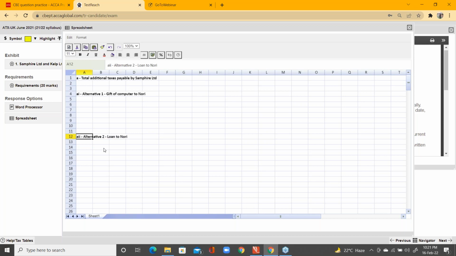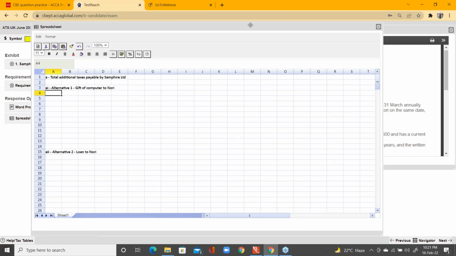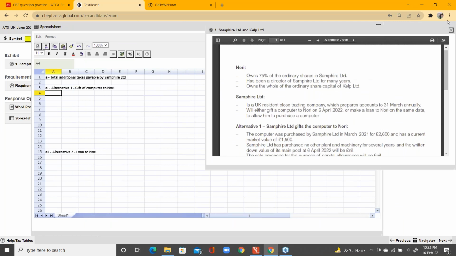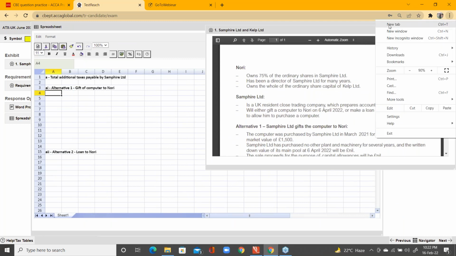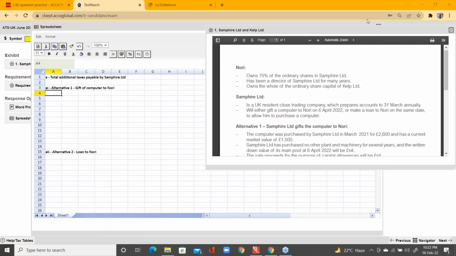Obviously we would be transferring this heading from one cell to another cell for spacing purposes. But this is how, first of all, you would be deciding what you are going to do for answering this part of the question. Now, as we have decided what we should be doing, let's read this scenario very carefully.